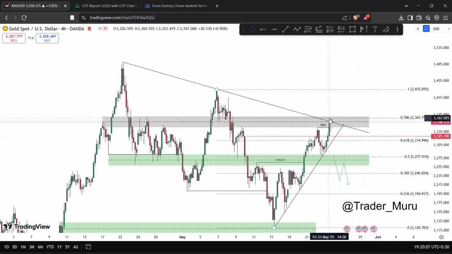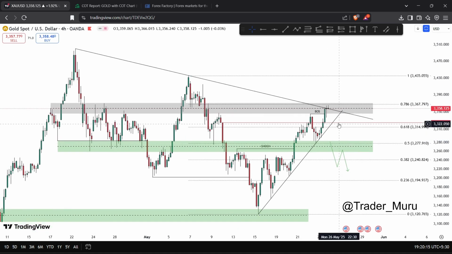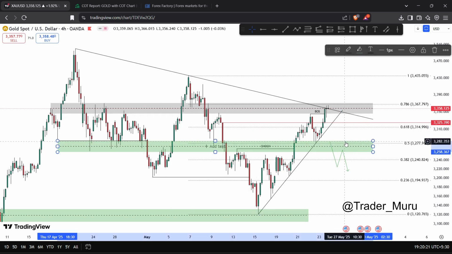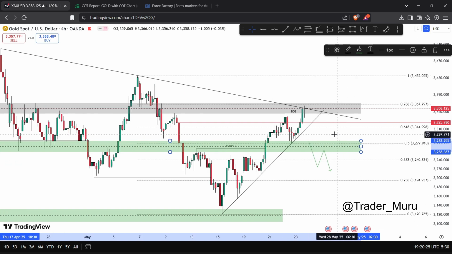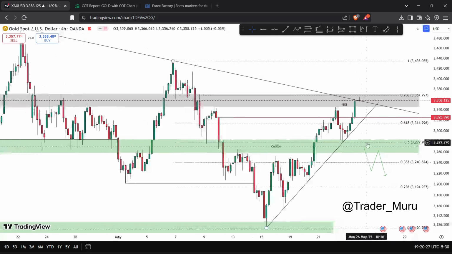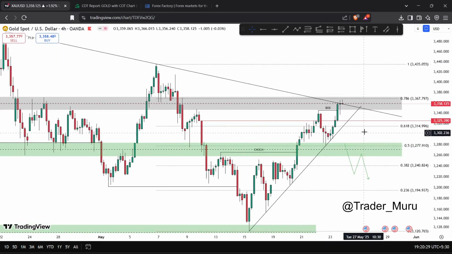Now it is possible that gold taps this area and again bounces from this trend line area. And if this trend line breaks, then our first target for this drop will be this green zone here, which is around 83 to 58. This zone will be targeted if price breaks below this trend line.